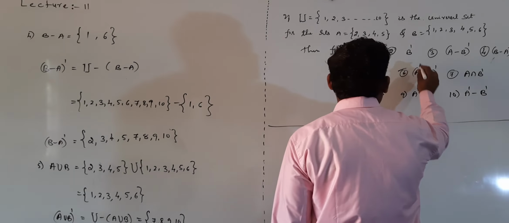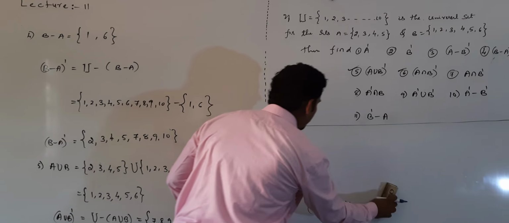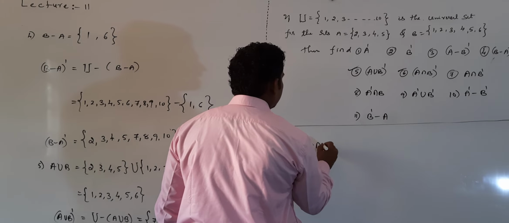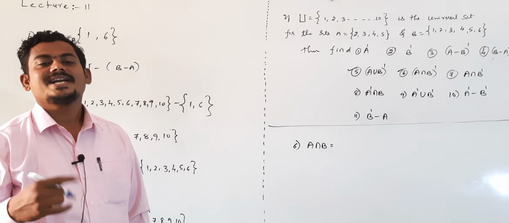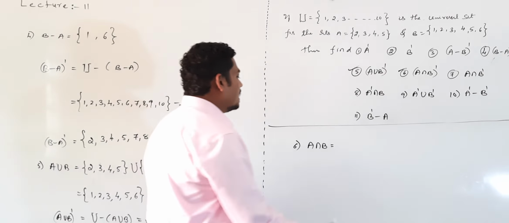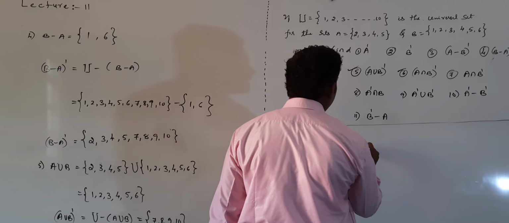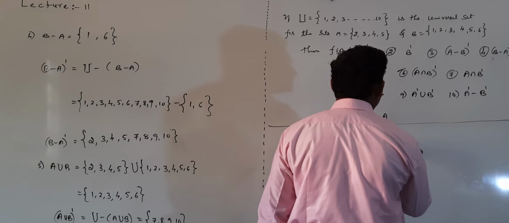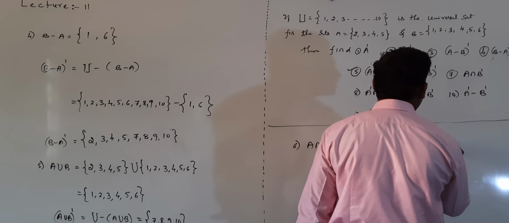And similarly, A intersection B whole complement. We need to find A intersection B whole complement. For that, find A intersection B. What is A? 2, 3, 4, 5. Intersection 1, 2, 3, 4, 5, 6.